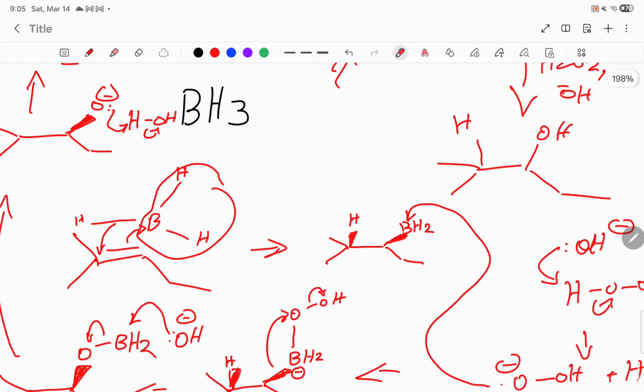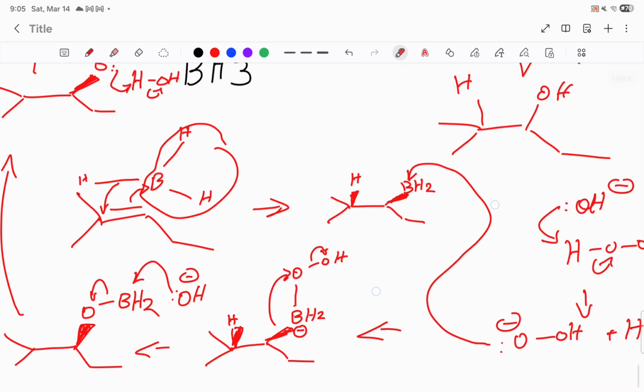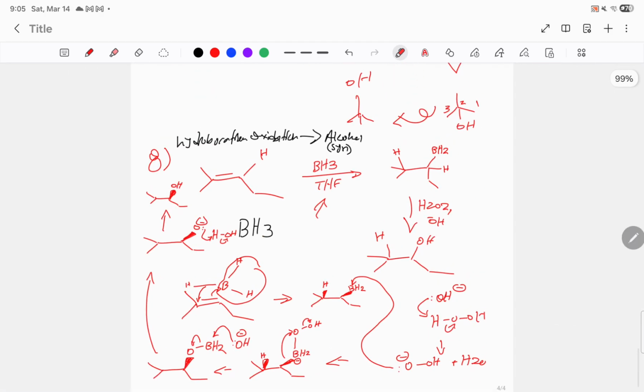So that's pretty much it with that specific reaction. Hopefully that one is not too bad. Again, it's a concerted syn addition of the borane, meaning the borane adds in one step, as we can see right here.